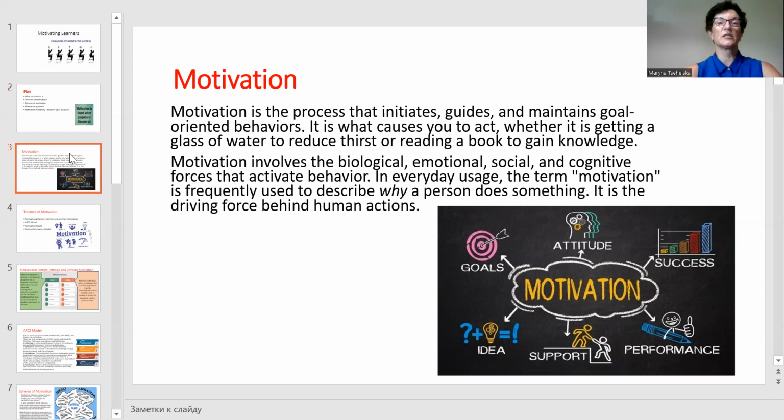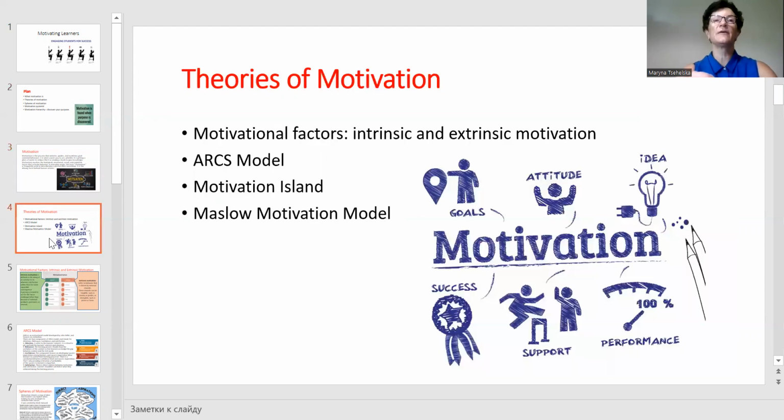However, we know that many students come to us, especially young kids, not properly motivated. So we don't look for purpose with them. We don't set the goals. We motivate them with our attitude, with the situation of success, with their good performance, and with our support. So motivation is not the goal only.